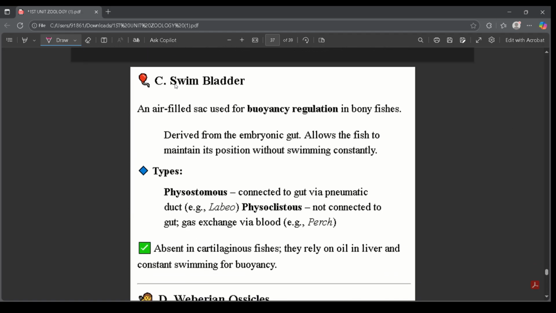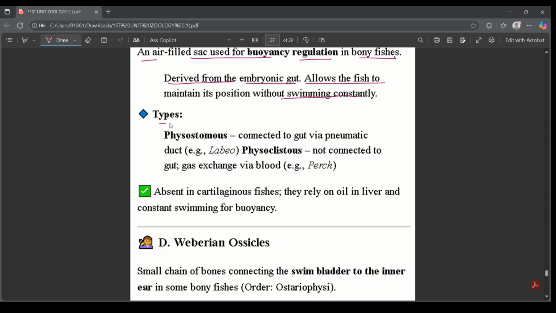Number C is the swim bladder, an air-filled sac used for buoyancy regulation in bony fishes, which is derived from the embryonic gut. It allows the fish to maintain its position without swimming constantly. Types: physostomous, connected to the gut via a pneumatic duct, for example labeo; and physoclistous, not connected to the gut, with gas exchange via blood, for example perch.